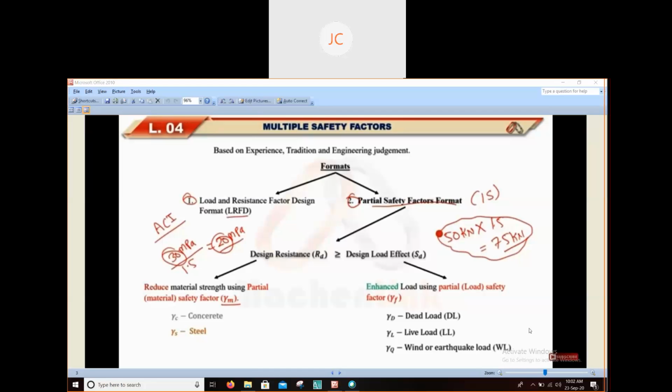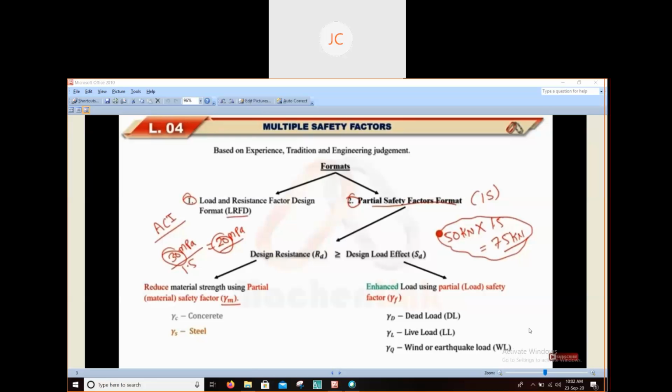Based on that value we will put the load on the beam. If you see that your applied load is more than the capacity of the beam, you have to remove the load, so that the applied load is always less than the capacity of the beam. Then only your beam will remain in equilibrium, or in a safe condition.